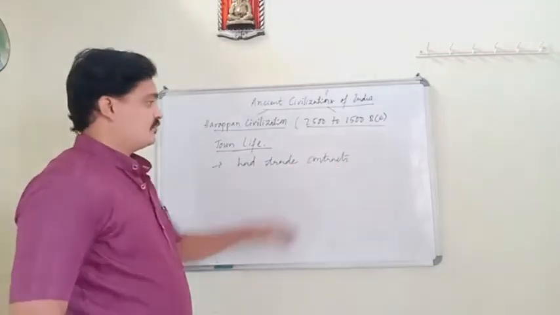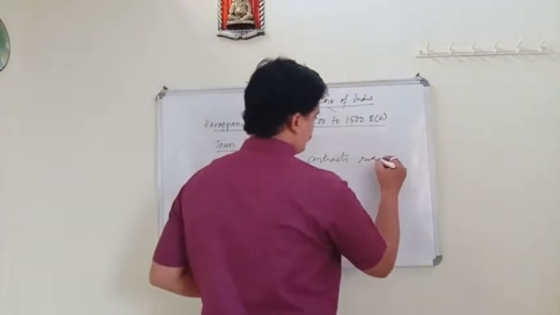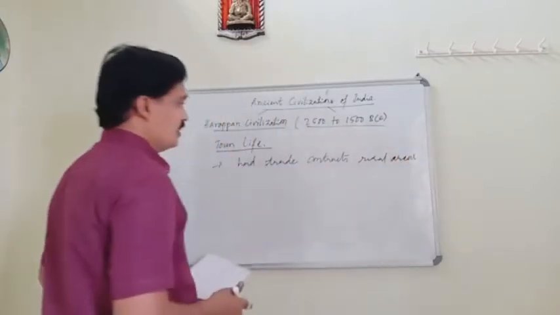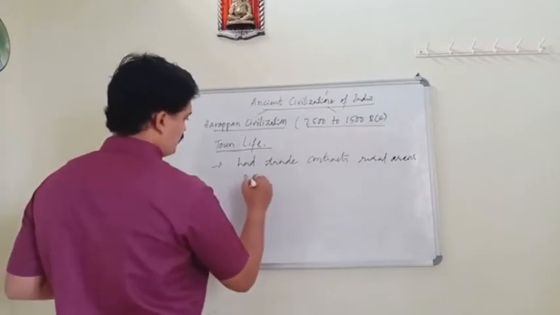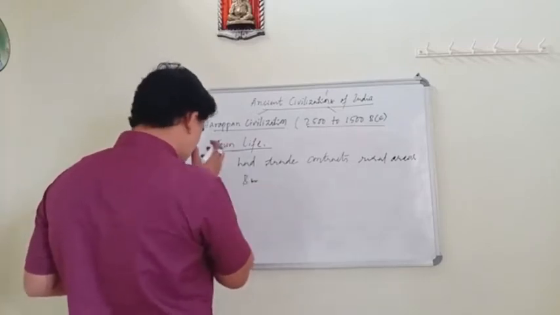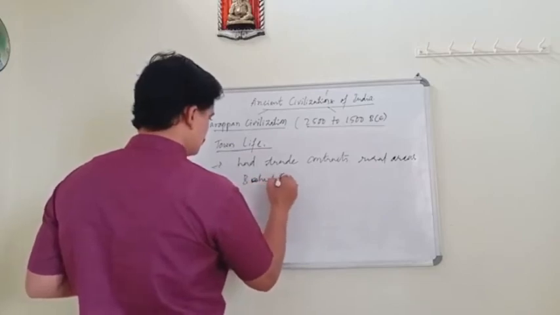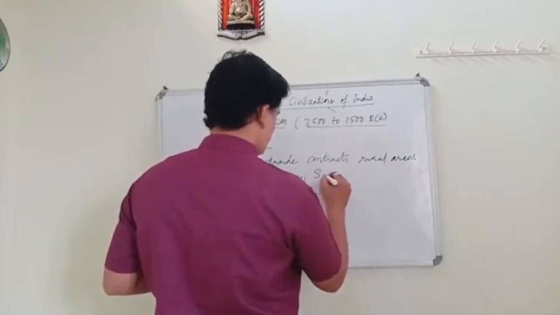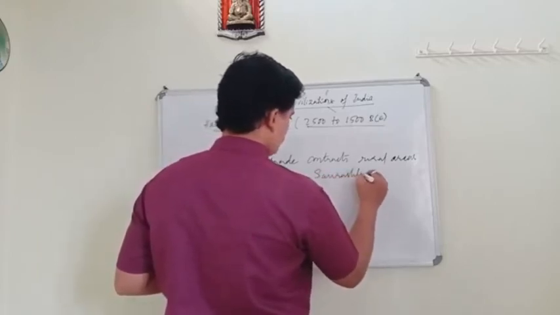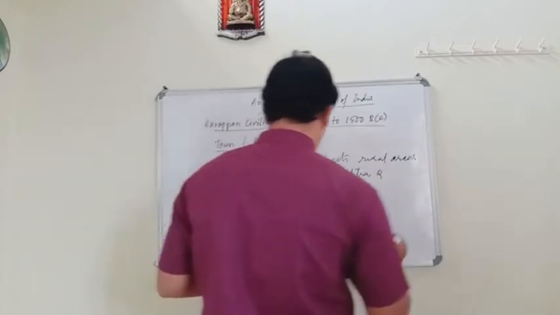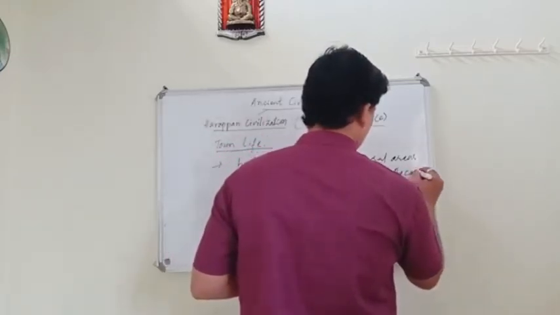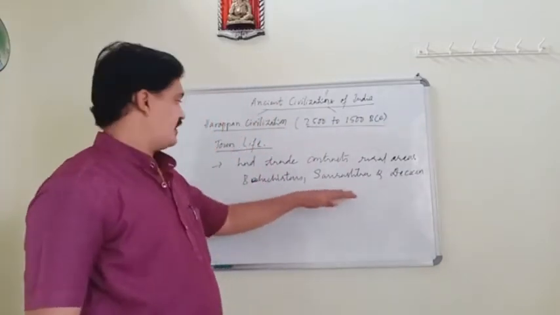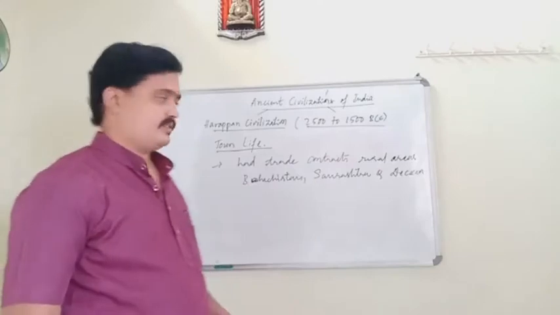With the rural areas, such as Balochistan, Saurashtra, and the Deccan. With these areas they had trade contacts.